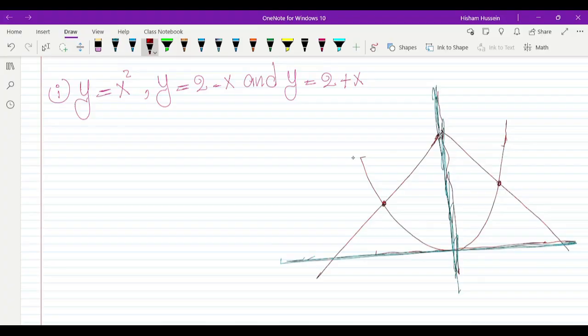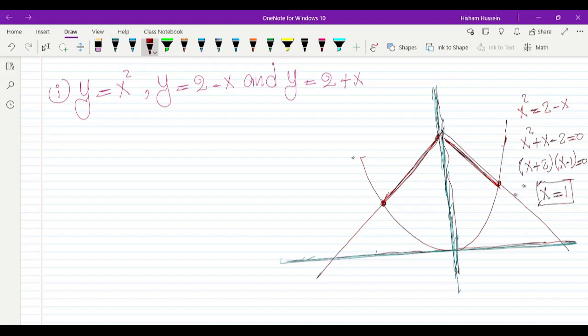We need to find the intersection points: between the parabola and y equals 2 minus x, and between the parabola and y equals 2 plus x. Here x squared equals 2 minus x, or x squared plus x minus 2 equals 0. It's x plus 2 times x minus 1 equals 0. So we get x equals 1, the proper intersection, as we are on the positive side.